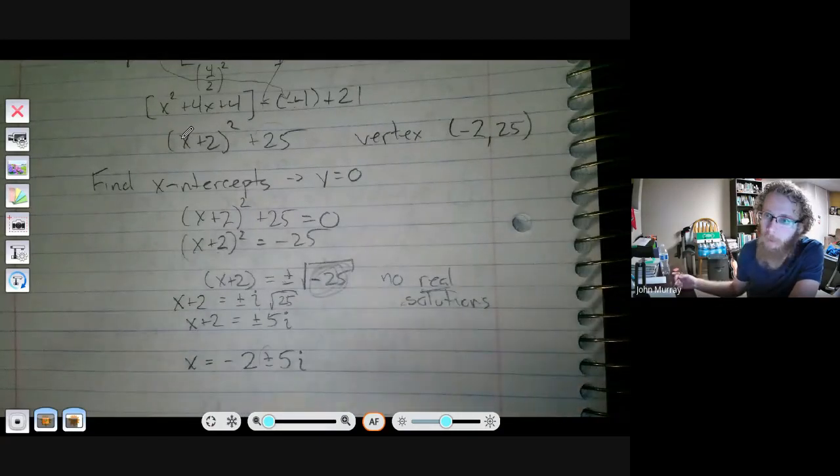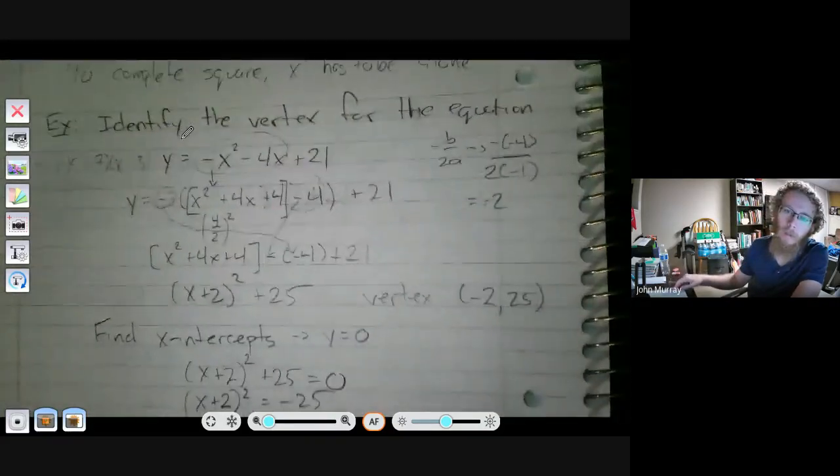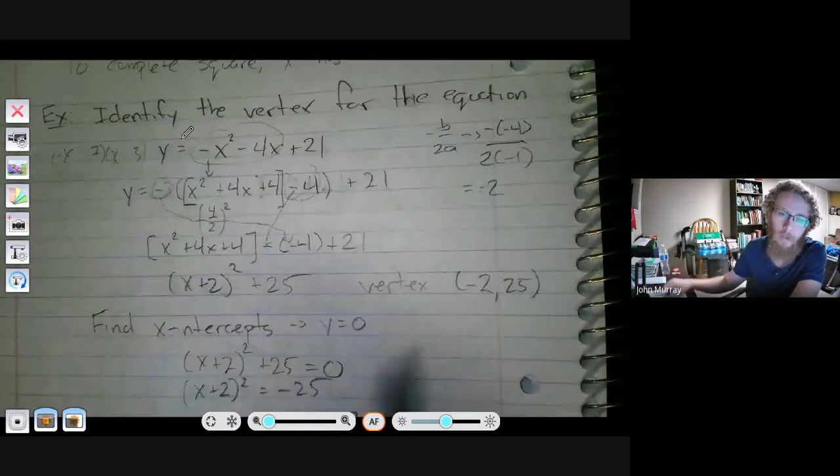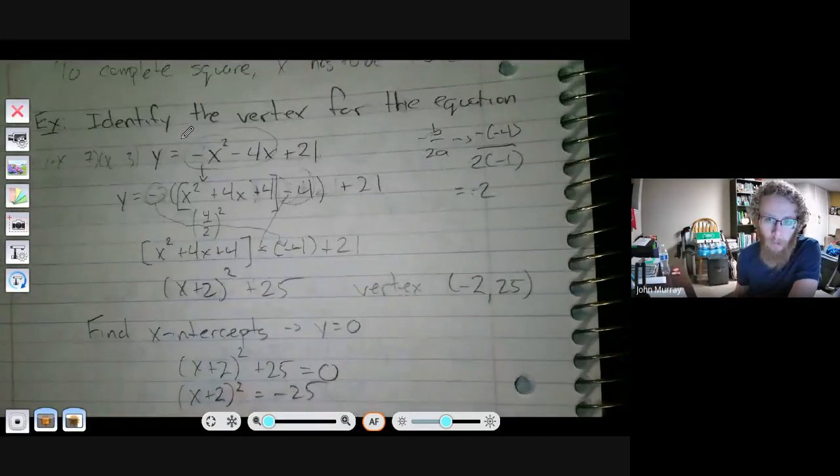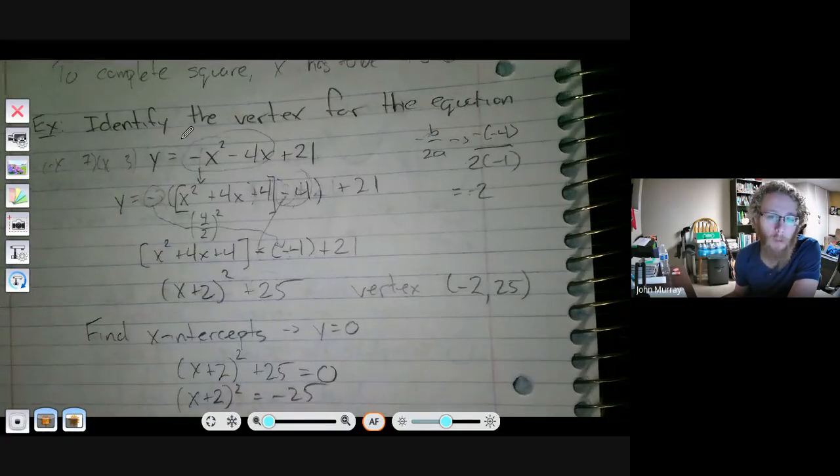All right. We'll come back to this stuff when we do later factoring, but I just wanted to show you that. But really what I'm focused on is finding the vertex right now. Now I'm going to put up 1 or 2 questions tonight. You can use whatever method you like.